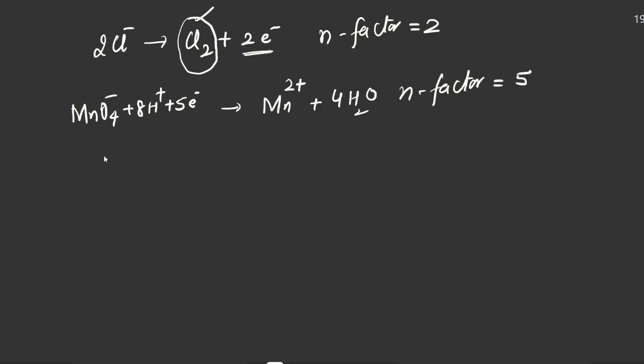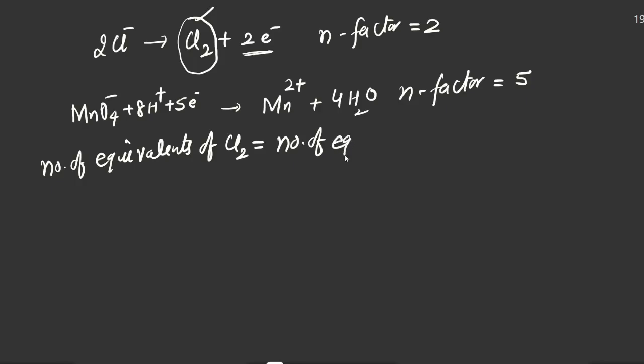Now the relation is between chlorine and KMnO4. So the number of equivalents of Cl2 is equal to the number of equivalents of KMnO4.